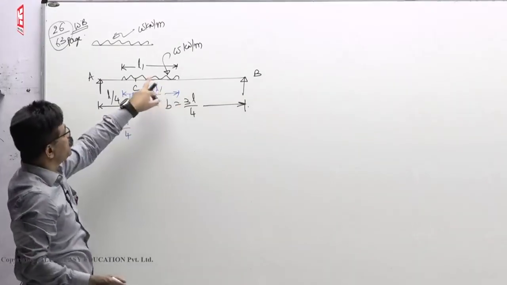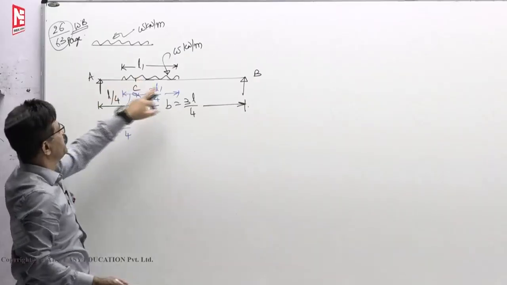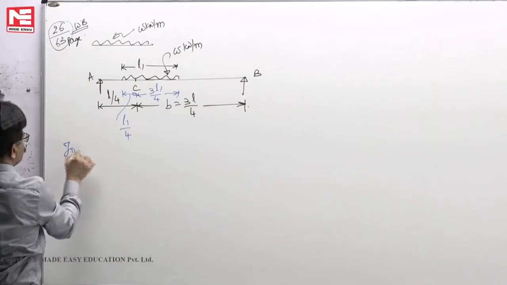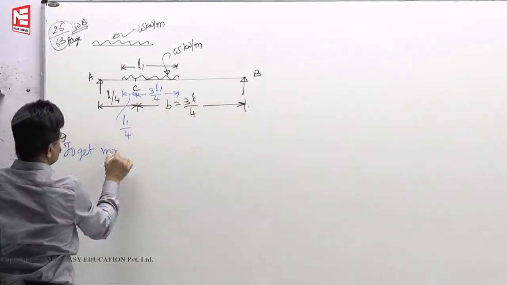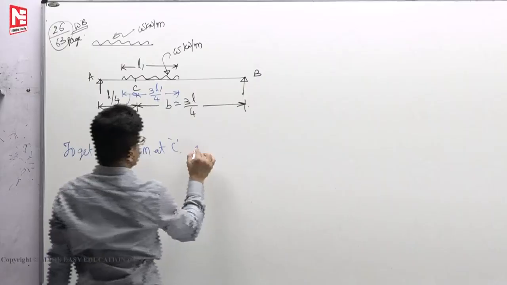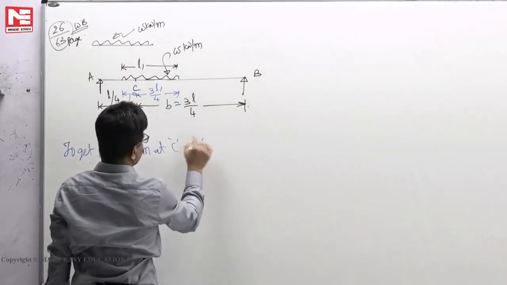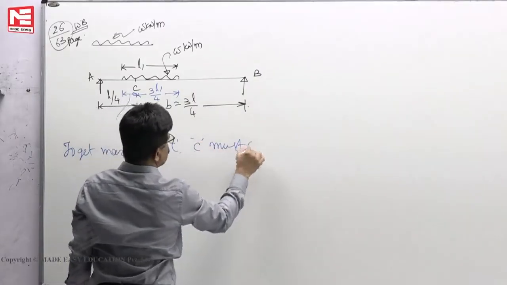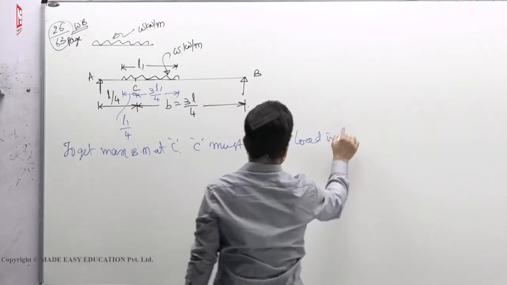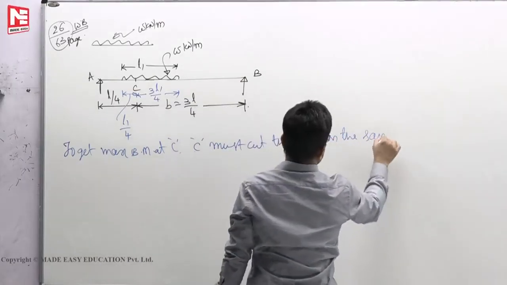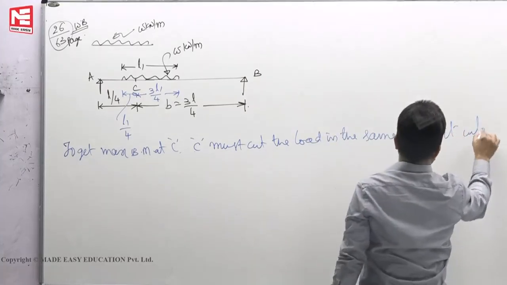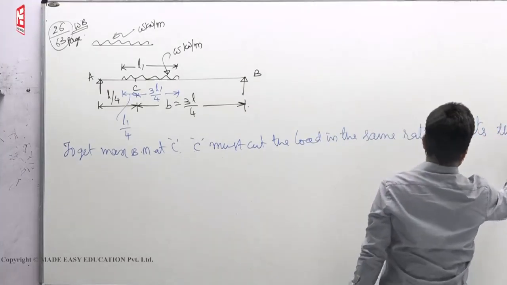Then loading, it should also cut the load also in the same ratio, 3:1. So to get maximum bend moment at C, C must cut the load in the same ratio it cuts the span.